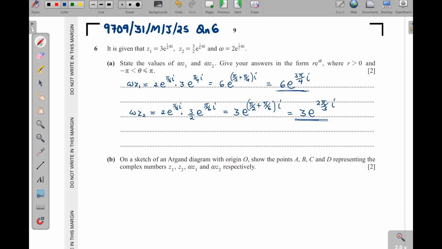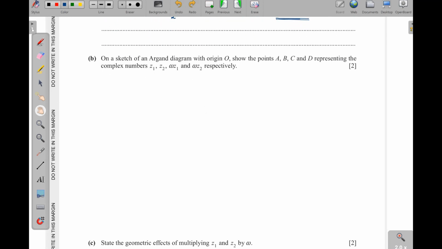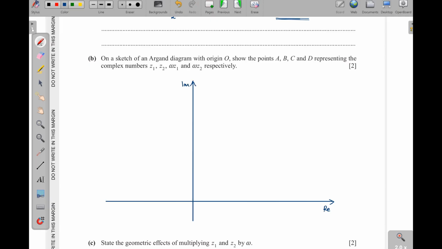Then part B, on an Argand diagram with origin O, show points A, B, C, and D representing complex numbers Z1, Z2, omega Z1, omega Z2, respectively. Okay, so I'm going to put my axis here. This is the imaginary axis. Now we have our origin here, 0.